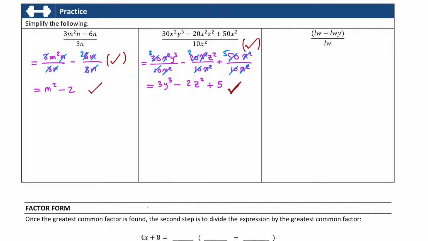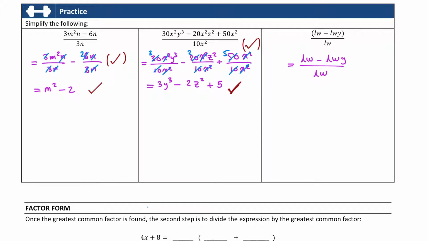Using BEDMAS, the first thing that I have to do is brackets, but inside brackets I can't really simplify, so I can just get rid of the brackets. So I will have LW minus LWY over LW. And once I have this, I can break this down. I will have LW over LW minus LWY over LW.